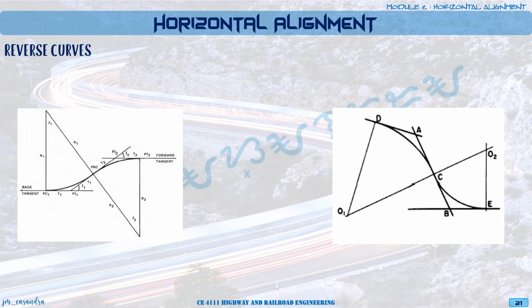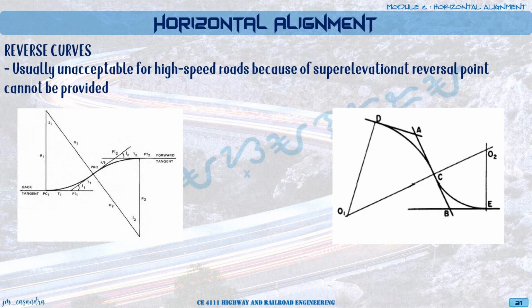So for reverse curves, we have two types. And reverse curves are usually inadvisable for high-speed roads because our superelevation at the reversal point, at this point PRC, cannot be provided. So it is difficult to do. That's why, usually, when our road is high speed, what we will see would usually be tangents and curves instead of reverse curves.